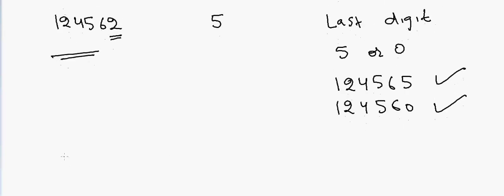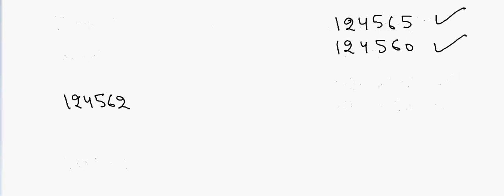Now let's talk about divisibility by 6. So I have 124562. Is this number divisible by 6? To check that, we know that 6 is a multiplication of 2 and 3. So we have to run the test for 2, and then the test for 3. Because this is an even number, it is divisible by 2.